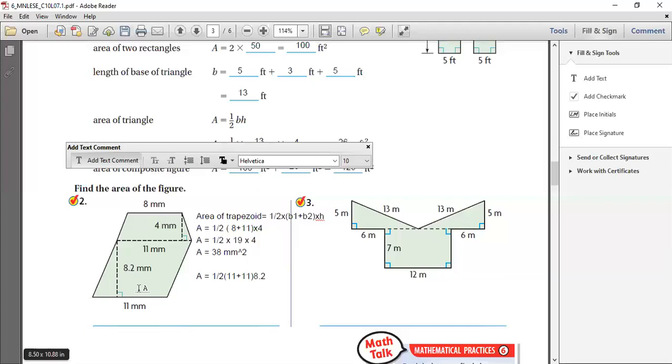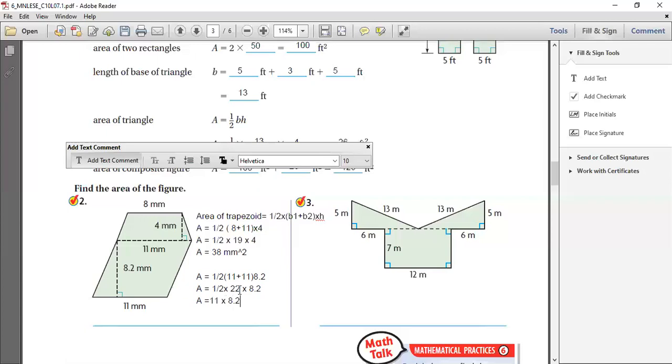So the area is half multiplied by 11 plus 11 is 22, multiplied by 8.2. Half of 22 is 11, multiplied by 8.2.